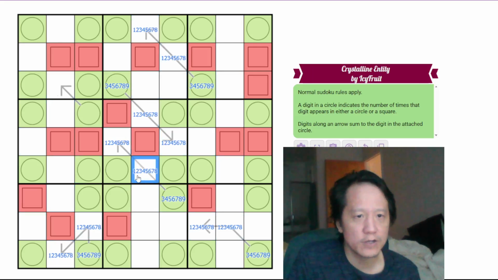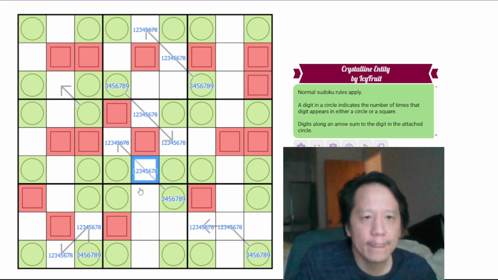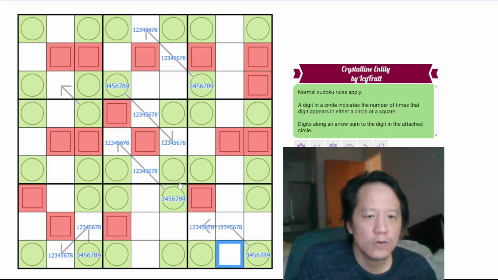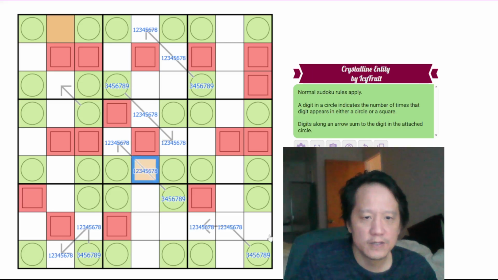Let's just remove that. Okay. So what does that mean? That means none of these can be that. Okay, so let's say it's something like this, this, and that. Obviously these squares cannot count.